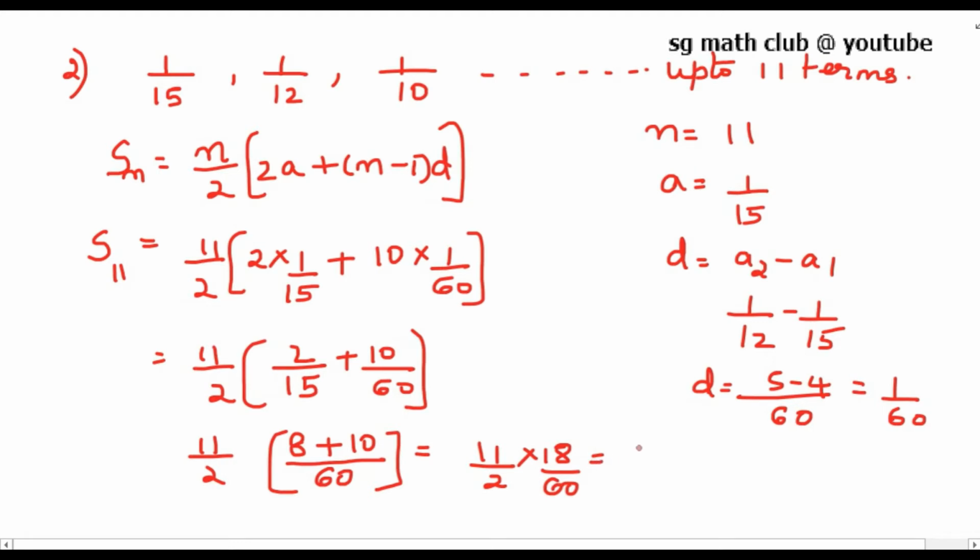When you simplify this, we have 33/20. Cancelling with 6, we have 3 and 10; 11 threes are 33 and 2 tens are 20.